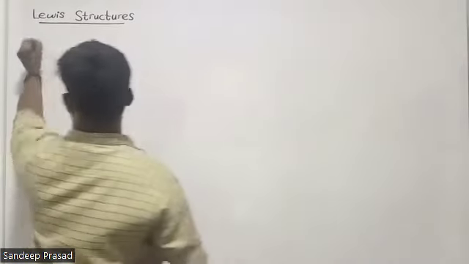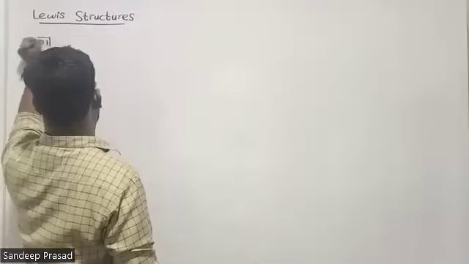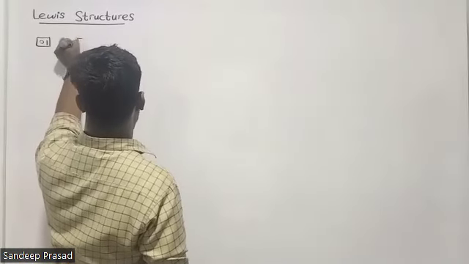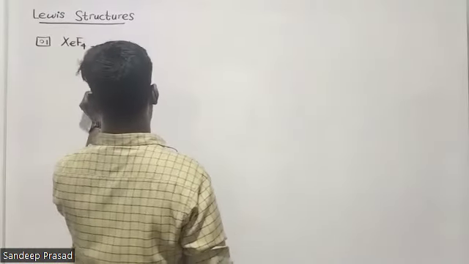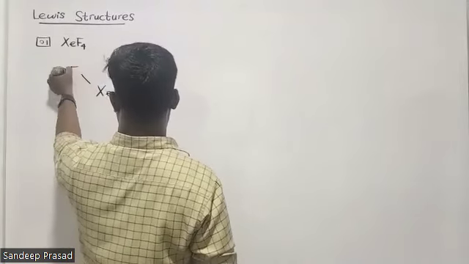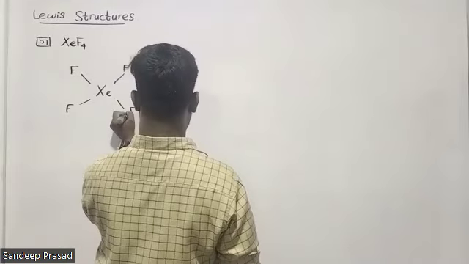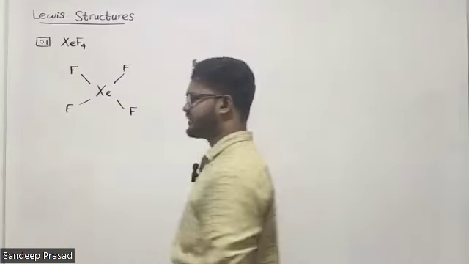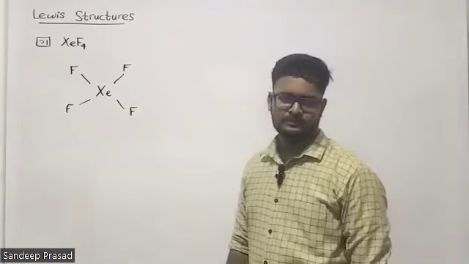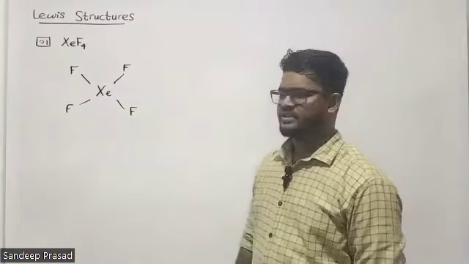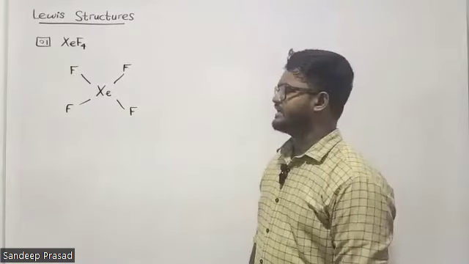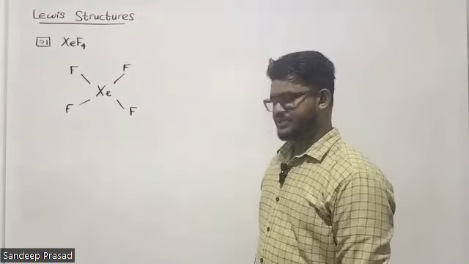Look at this one. Number 1, xenon tetrafluoride, XeF4. Now we have to be very careful. In this way, xenon is connected to 4 fluorine atoms. Normally, fluorine is connected to a particular atom through a single bond. Always remember that fluorine is generally connected to an atom using a single bond.